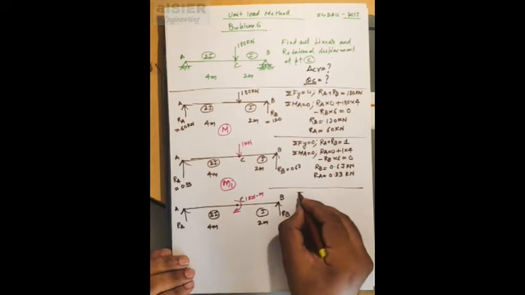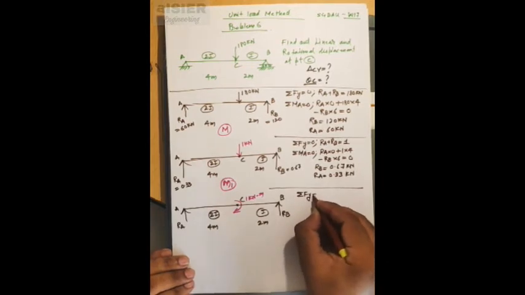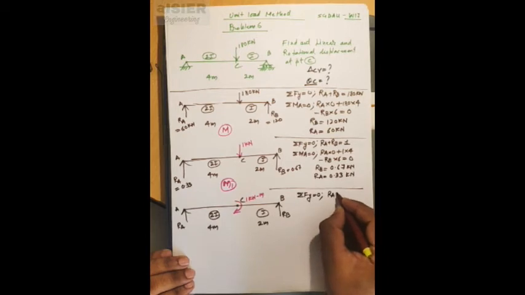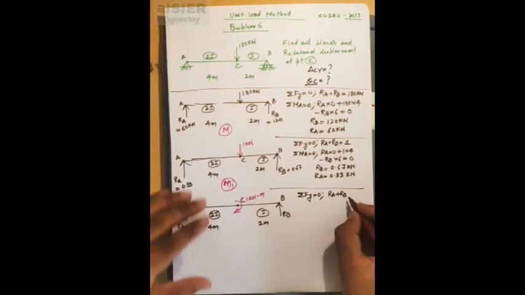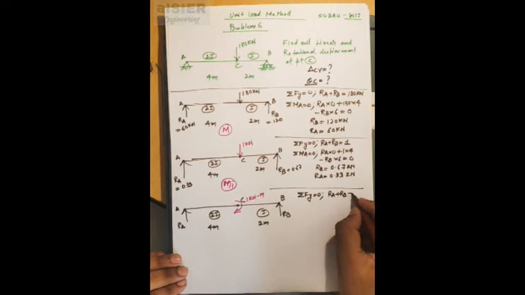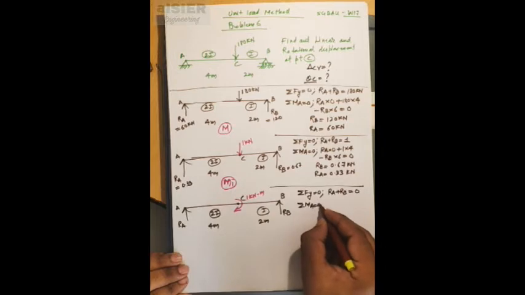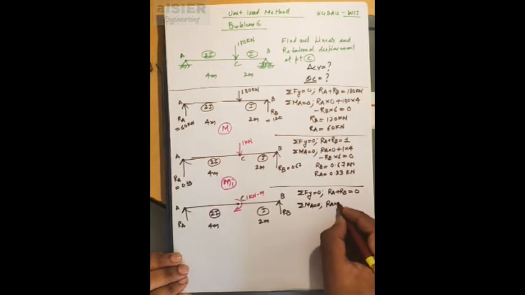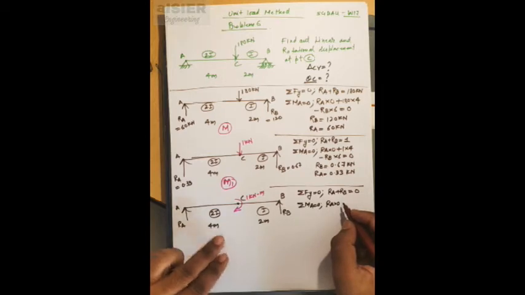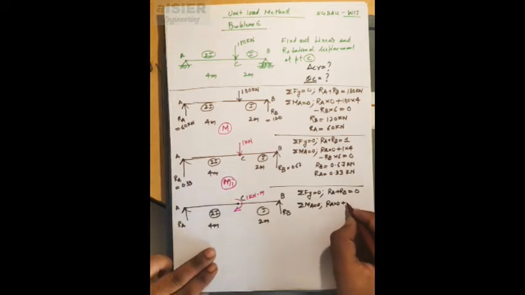Okay, so we will do summation of Fy here is equals to 0. Ra is going upward plus Rb is going upward, and there is no vertical load coming downward, so it is 0. Then summation of moment at A is equals to 0. So Ra into 0. Is there any vertical load? No, we cannot include vertical load. We will include now 1 kilonewton. So clockwise, so plus 1 kilonewton, no need to multiply it with distance, minus Rb into 6 is equals to 0.